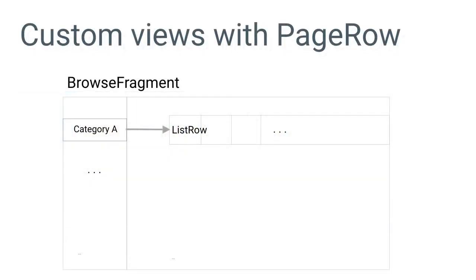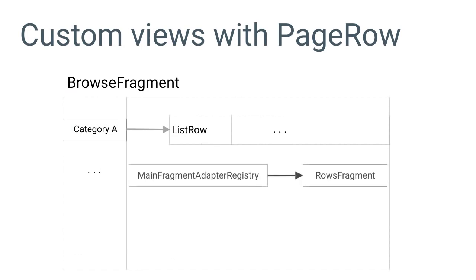Typically, developers will pair the header item with list row, which represents a collection of items. Now, browse fragment internally maintains a registry, which maps each row type to a corresponding factory. In this specific case, we map the list row to rows fragment, which knows how to render each individual item in a set of cards in a horizontal grid.